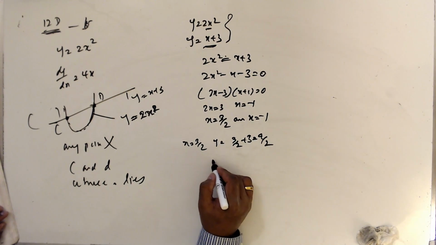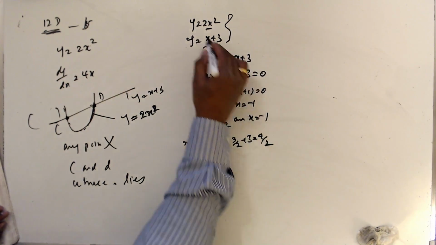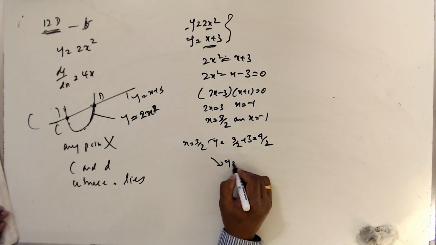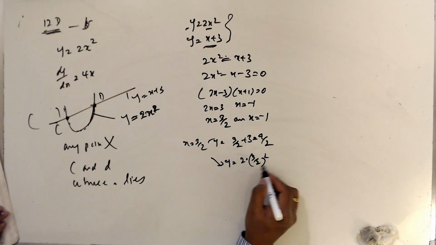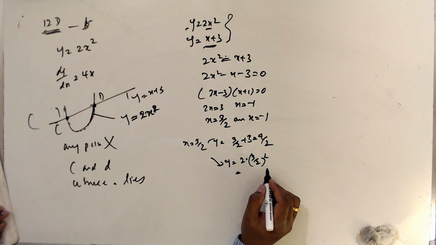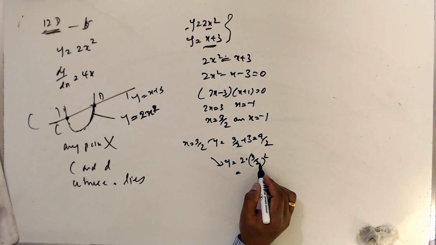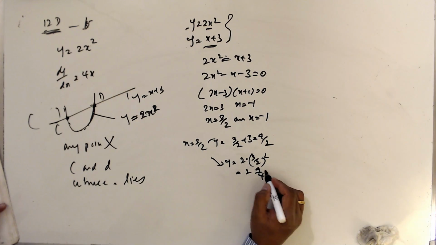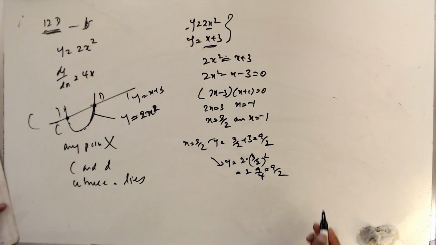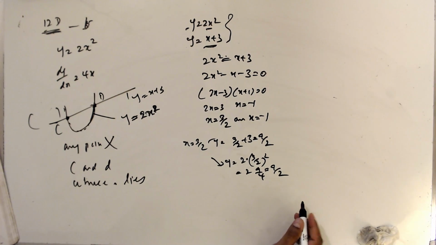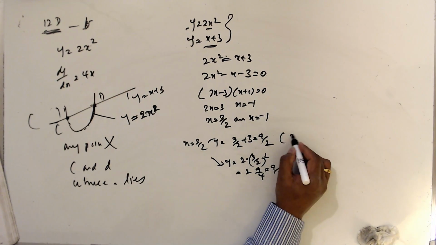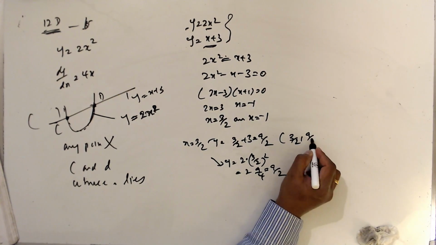Or you can find it from this one as well: y equal 2 times (3 over 2) square, so this is 2 times 9 over 4. So this cancels out and is 9 over 2. Use any, but use the easy one. So I found one point is 3 over 2, 9 over 2.